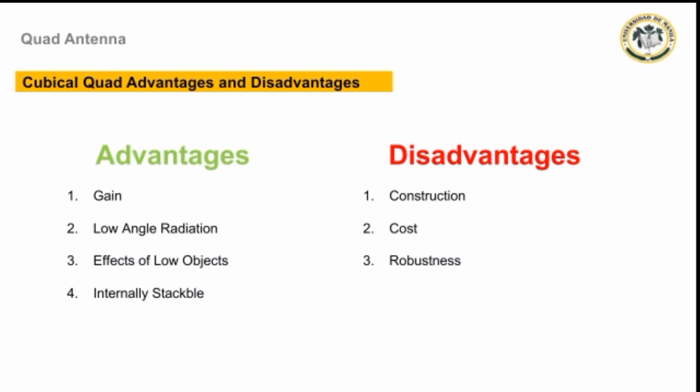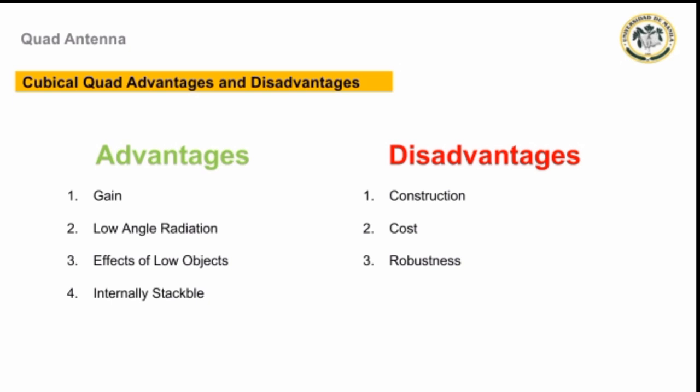For the advantages of cubical quad, first we have gain. The cubical quad beam antenna offers about 2 dB over a Yagi of a similar length. This means that the quad compares to a pair of stacked Yagis, as there is always some loss in the feed arrangement for stacking the two antennas.